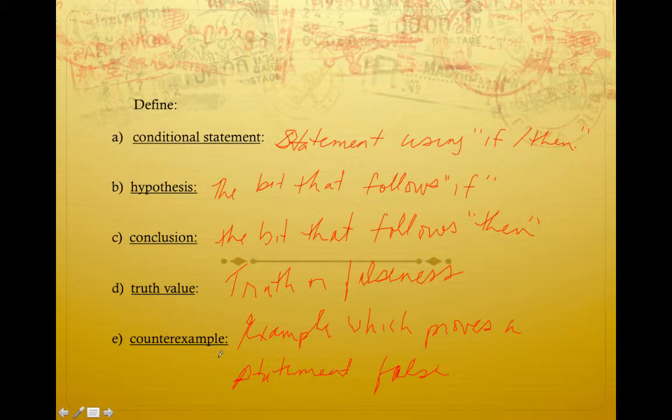The example before is not a really good example for this because it sounds crazy, but basically if you could find a woman who was not a human, which you can't because they're defined to be human, then you would be proving it false. If the statement had been reversed and I'd said, if you're a human, then you're a woman, then all you have to do is find a man, because then you have a human, and he's not a woman, so that's a counterexample.